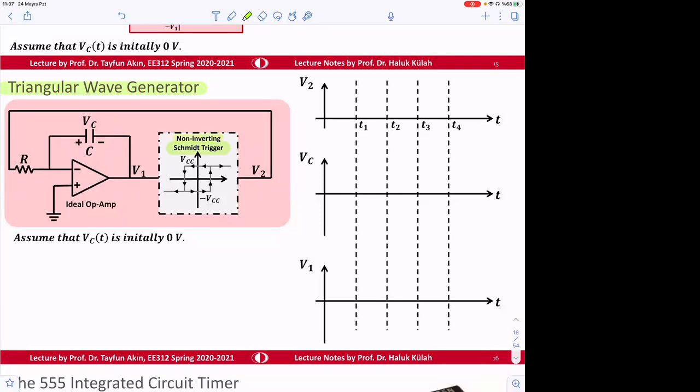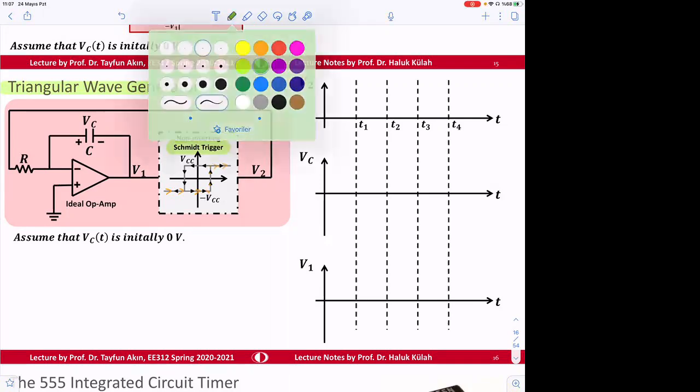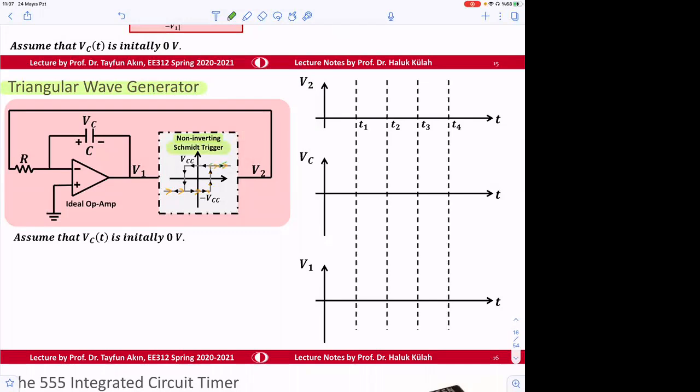So it starts from here, and then it goes up, and then it goes like this, and then on the way back it comes like this. Okay, so circuit wise this is possible. Just one more block you add, and that's what happens.